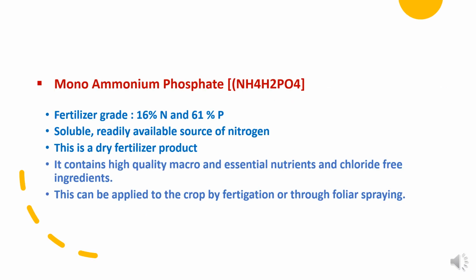Next ammonium fertilizer is monoammonium phosphate, which contain 16% of nitrogen and 61% of phosphorus. This fertilizer is soluble in nature and readily available to the plants as a source of nitrogen, and this fertilizer is suitable for foliar spray and fertigation.